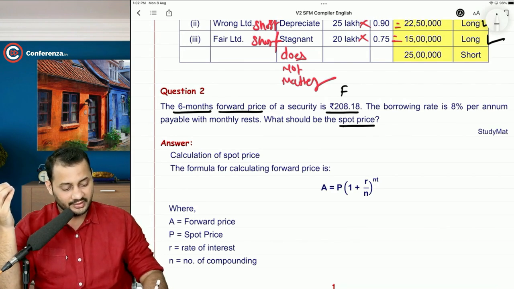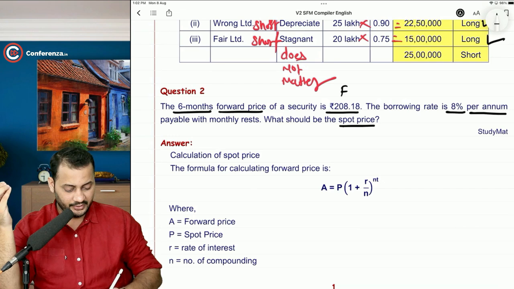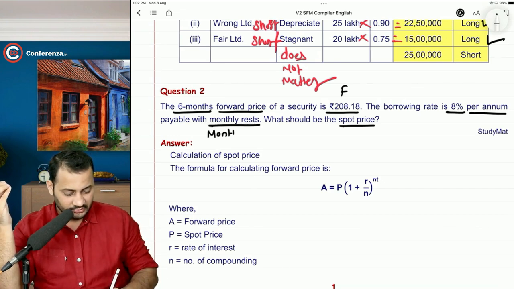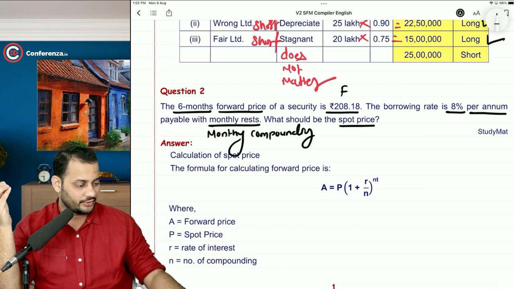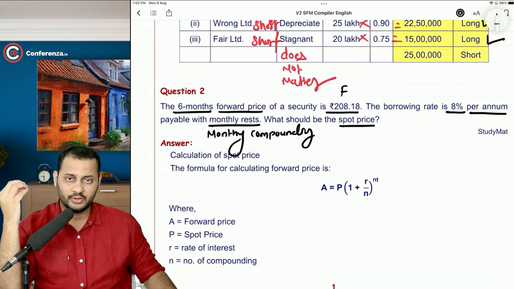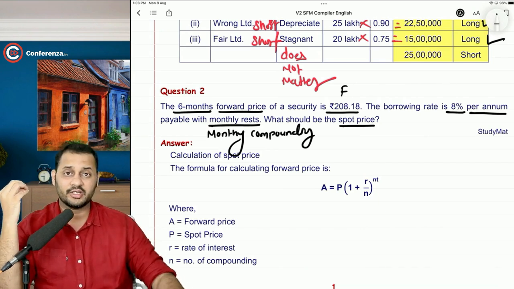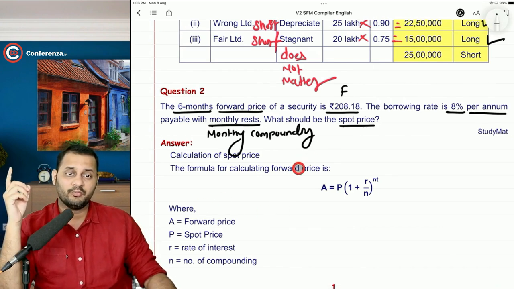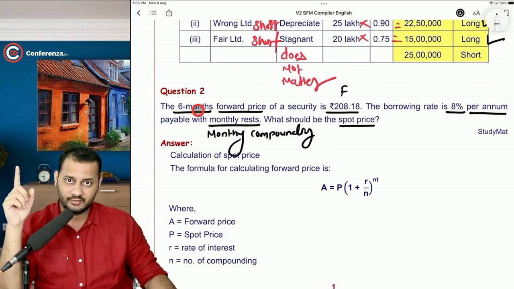The borrowing rate is 8% per annum payable with monthly rest. That means you can write down here as monthly compounding. That means what is going to happen? If you want to buy the stock in the spot market, you have to borrow money for the 6 months, right?